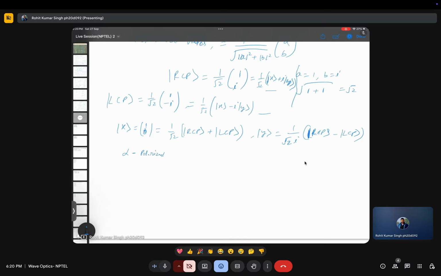I'm talking about linearly polarized. This is the x direction, this is the y direction. How will you represent a wave which is at an angle alpha to x and y in this notation?